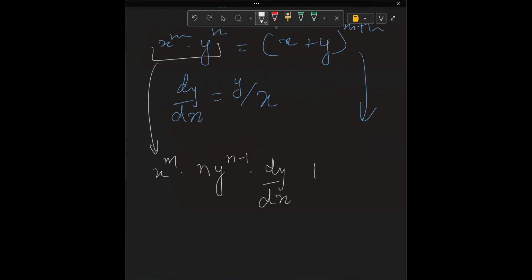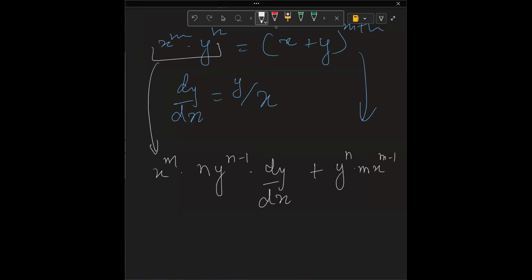Now taking y की power n constant, and x की power m का derivative होगा m x power m minus 1. All right, this is your LHS.